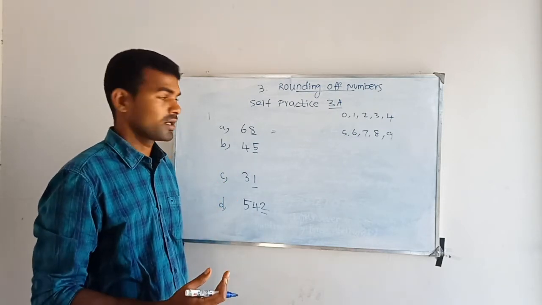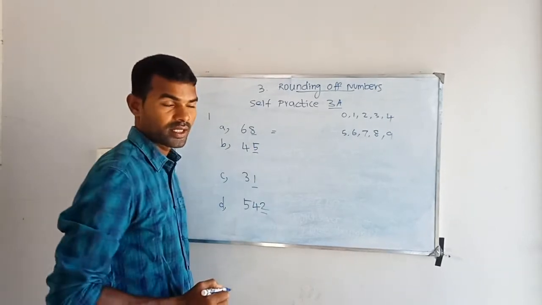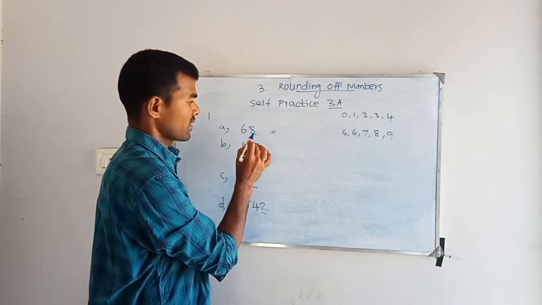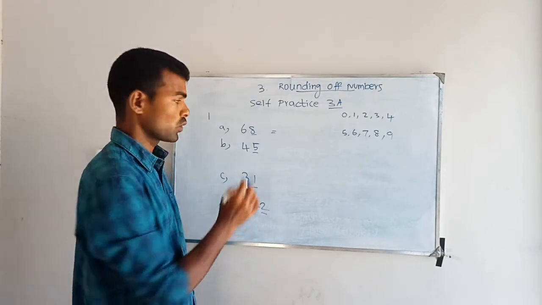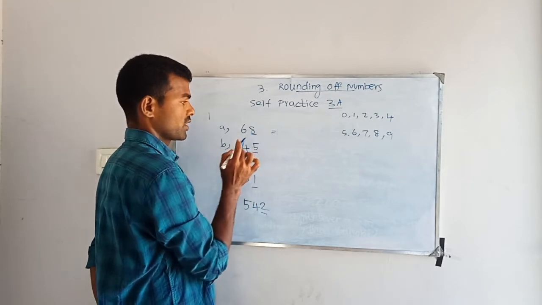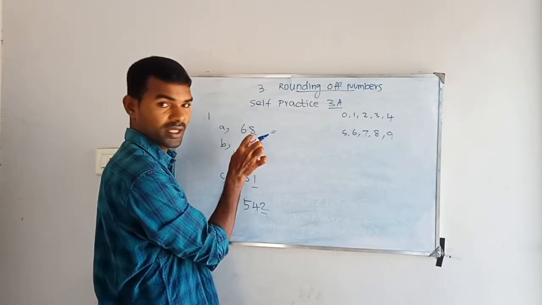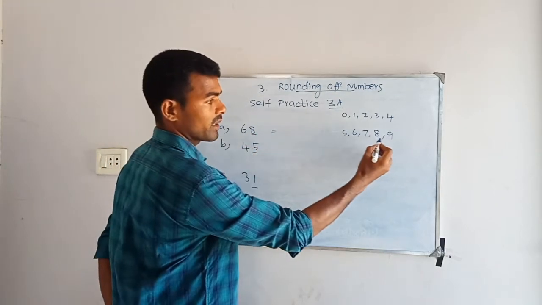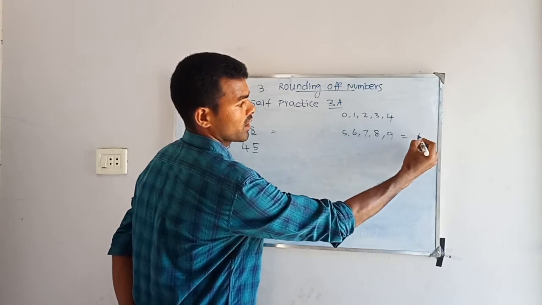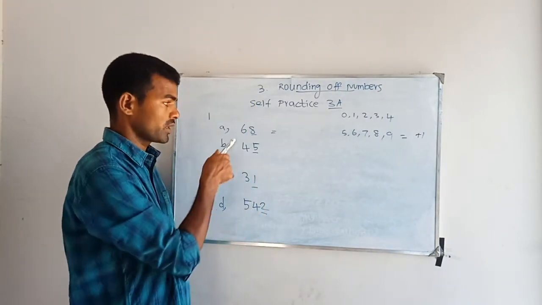So to find the nearest 10, first see the ones place. If the ones place is 5, 6, 7, 8, 9, what will we do? Here 8 is coming. We have to add one number to the tens place.